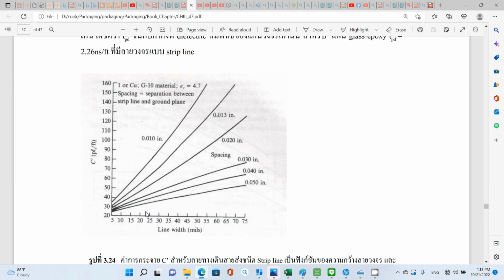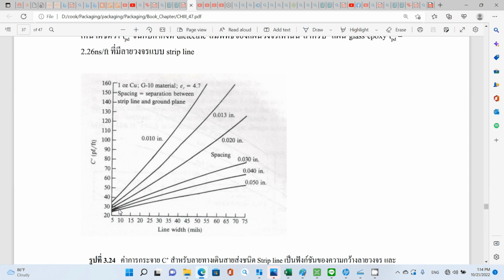The line width is 10 mil. Just take a look at this point on the x-axis. And what else? You need to choose your dielectric thickness, or the spacing. That's 60 mil. We don't have 60 mil here. 60 mil, that's about 0.06 inch. So it's somewhere around here. You can just do an approximation.